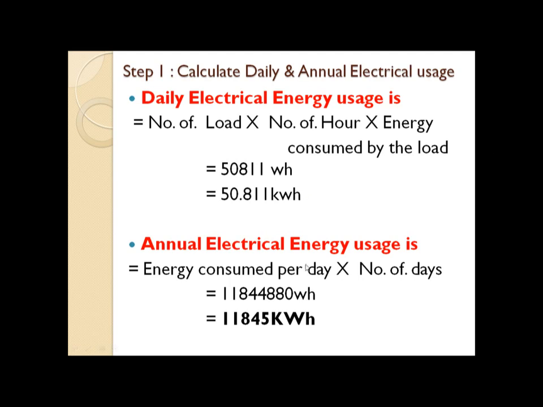Then annual energy demand is total energy consumed per day multiplied by the number of days, and you can calculate the annual energy demand. Here what is the difficulty? All electrical appliances per day we use for different hours and different timing. Like that, over the 365 days of the year it is not constant or the same for the time of operation and number of hours.